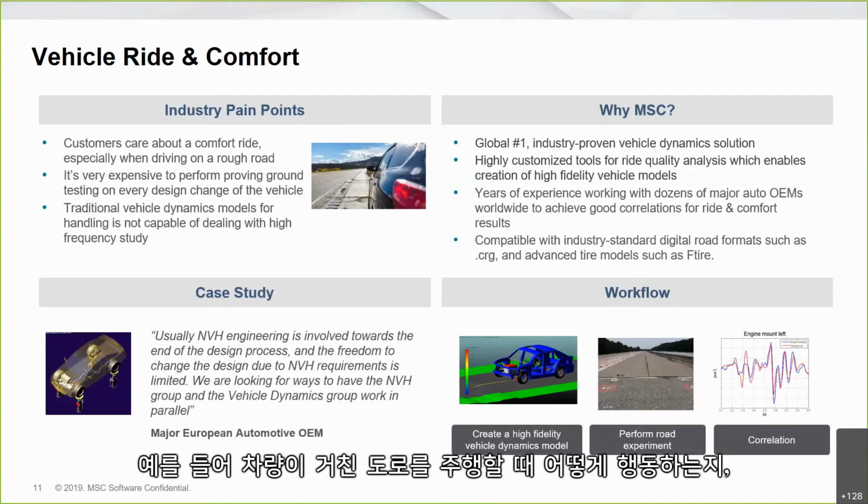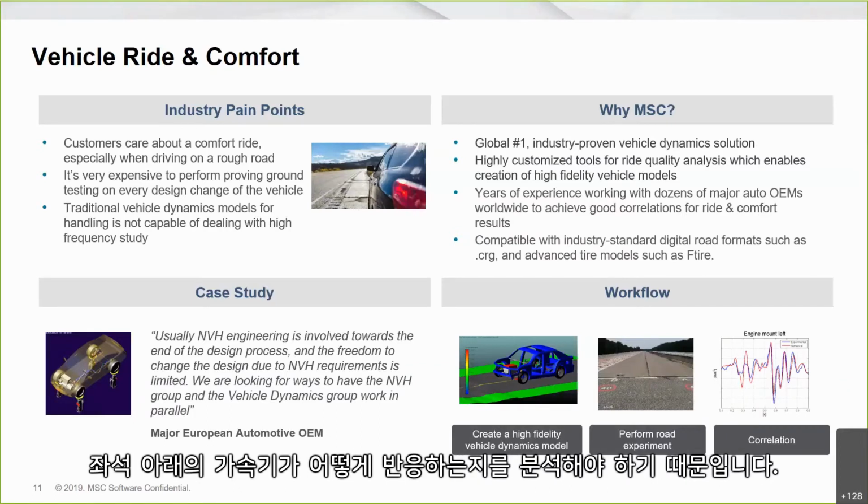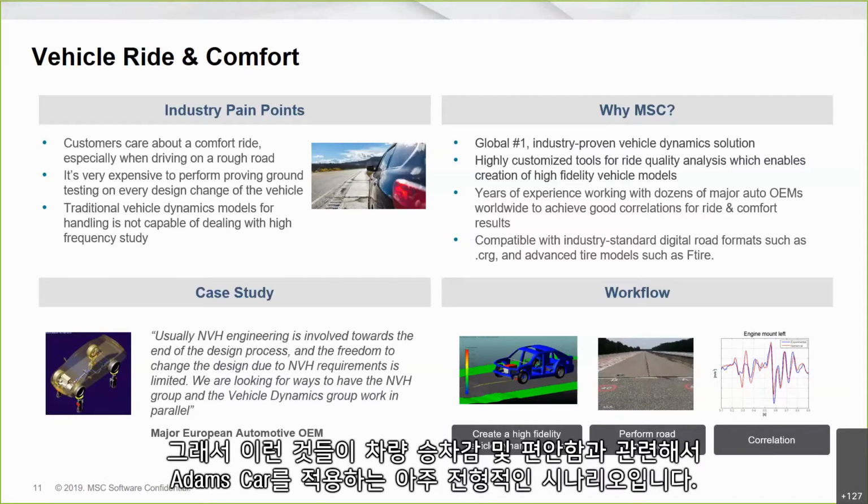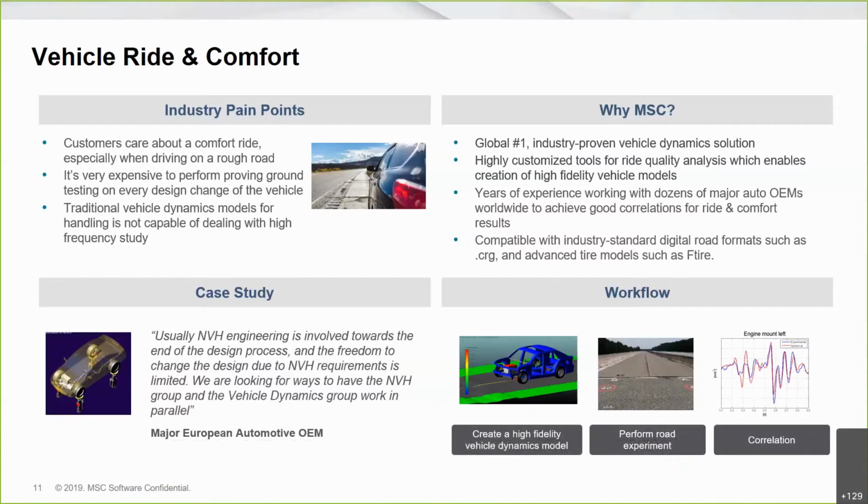For example, if you want to analyze how the vehicle is going to behave, or what the acceleration under the passenger seat is when the vehicle is driving through a rough road. These are very typical scenarios to apply Adams Car in ride and comfort events.